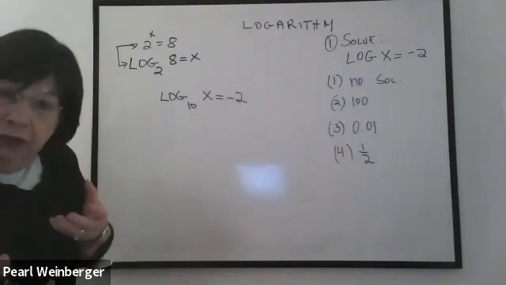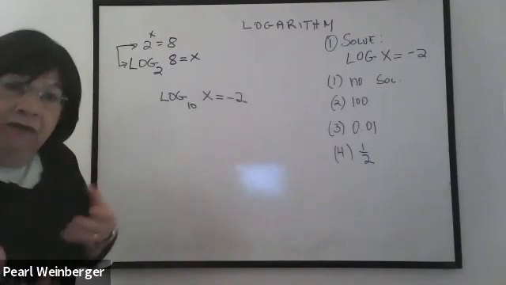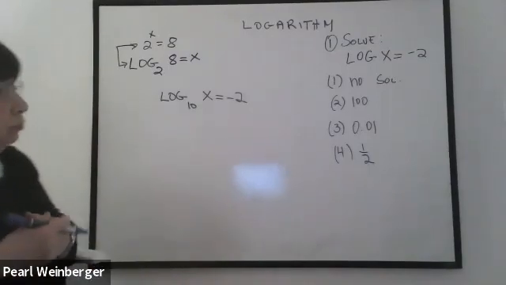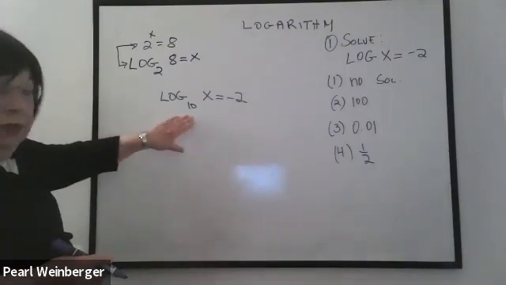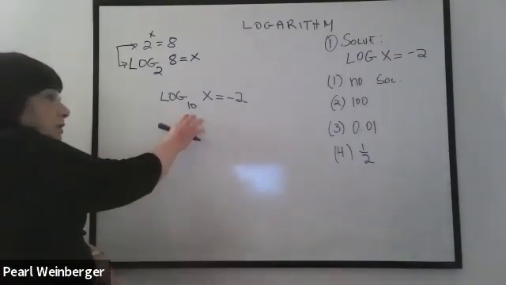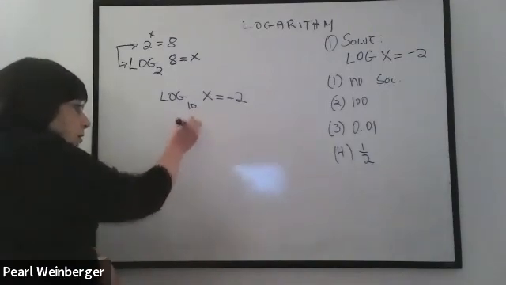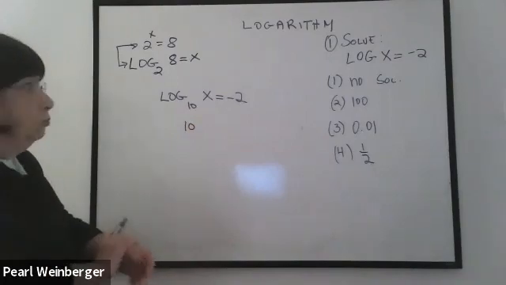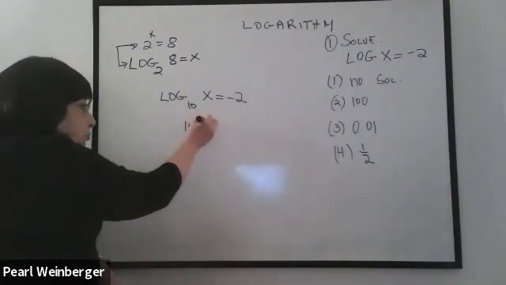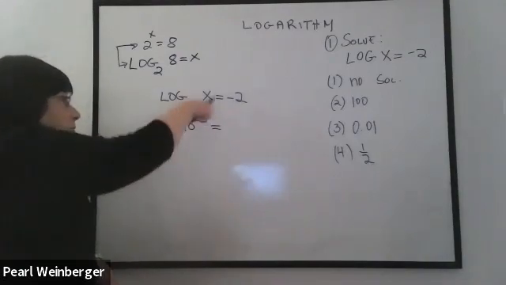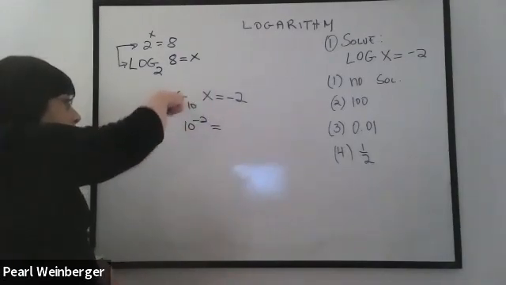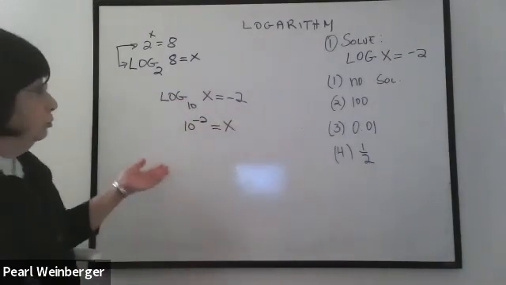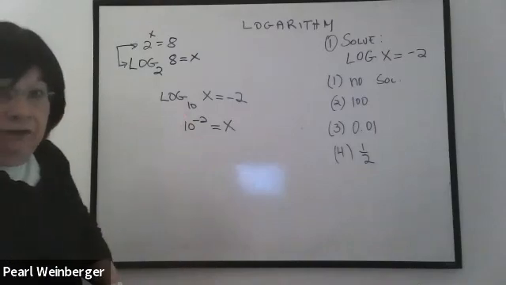We're much more familiar with the exponential, so we're more likely to understand the question in exponential form. We take the base, which is 10, and put it to the exponent, which is what the log is equal to, in this case -2, and that equals whatever is next to the word log, which is x. So I have to do 10 to the -2.